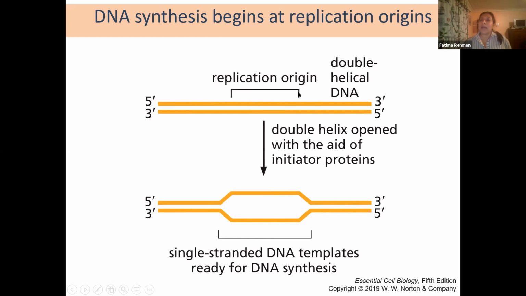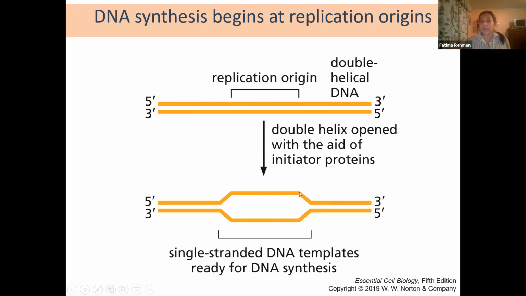This happens with the help of initiator proteins that essentially separate the two strands of DNA and kind of open the zip up, so to speak. And then single strand binding proteins bind to that open strand to prevent them from coming back together and forming the hydrogen bonds to form the double helix again.